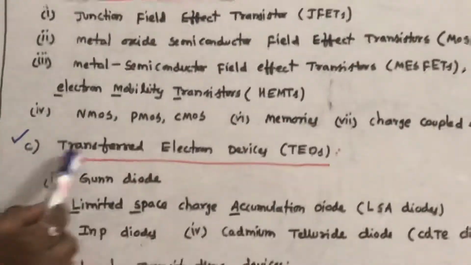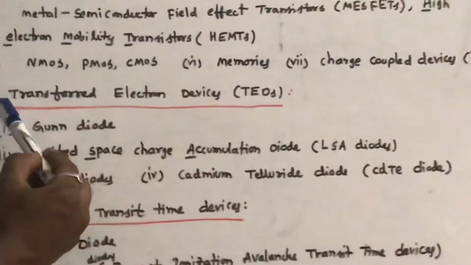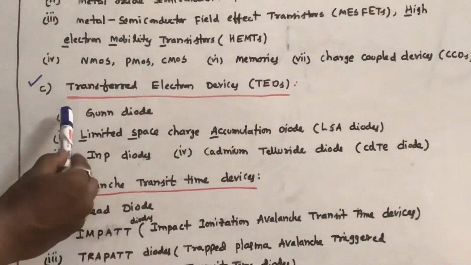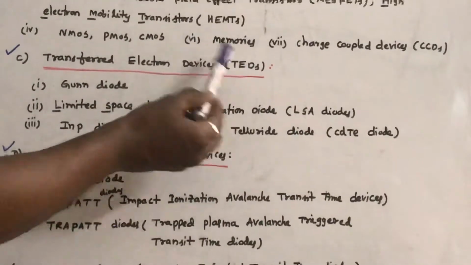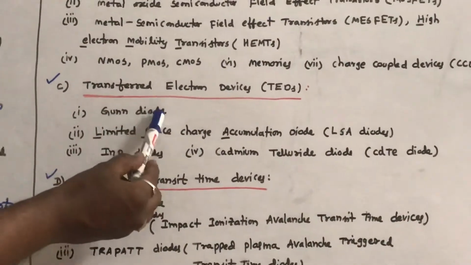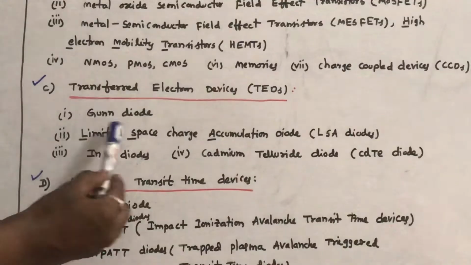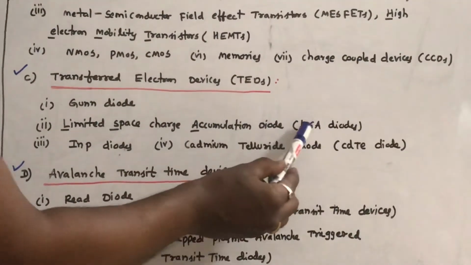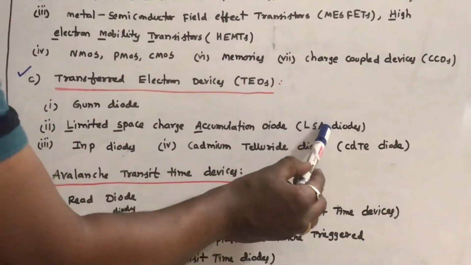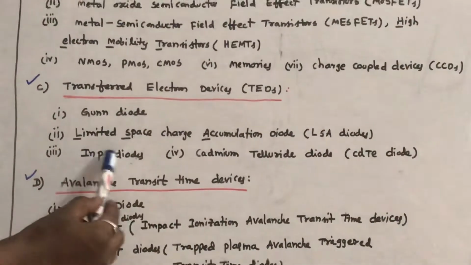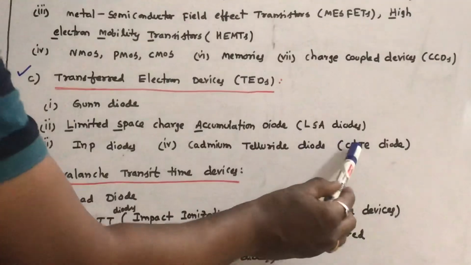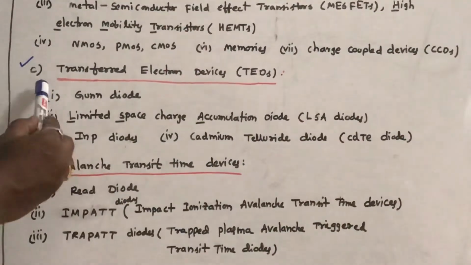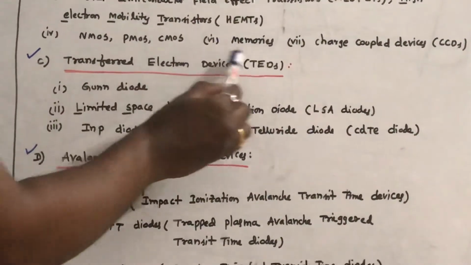Now let us come to the transferred electron devices, which is very important. In this, the classification is the Gunn diode, limited space charge accumulation diode, LSA diode, indium phosphide diode, and cadmium telluride diode, that is CdTe diode. So these are the classifications of the transferred electron devices.